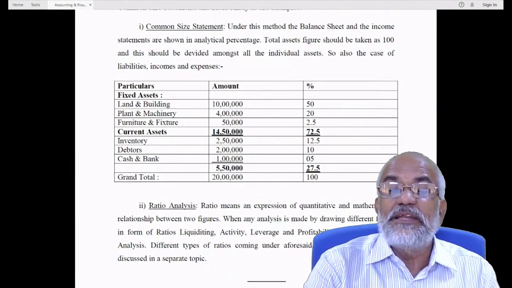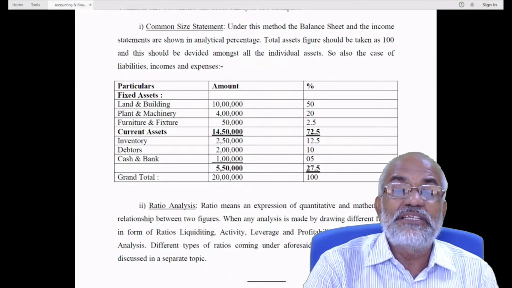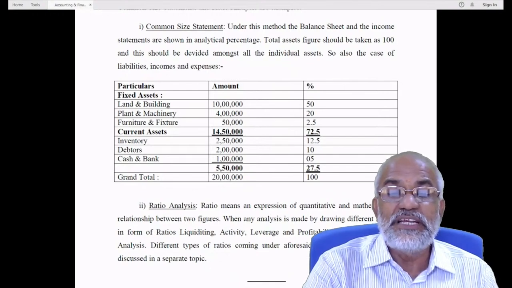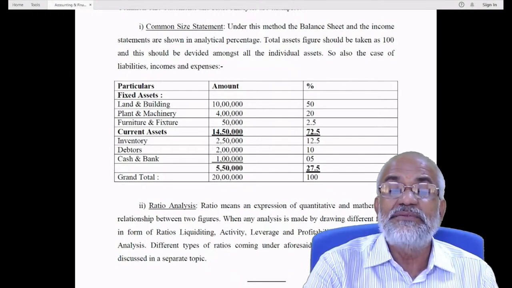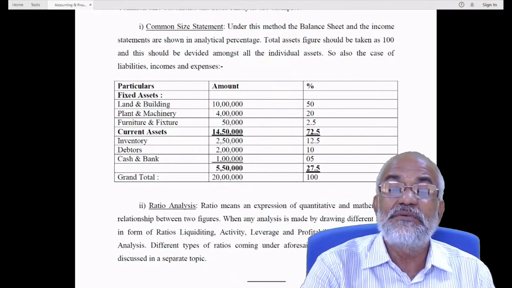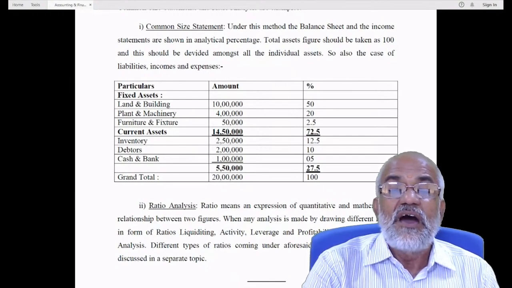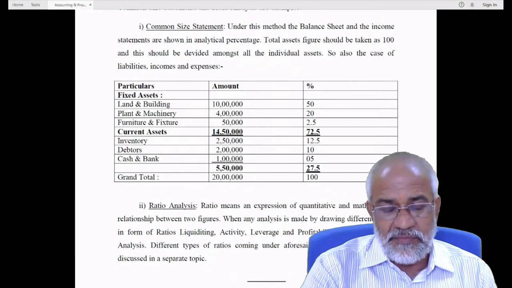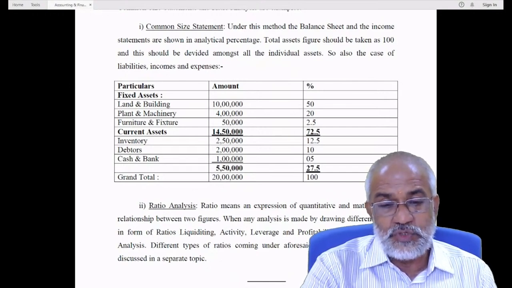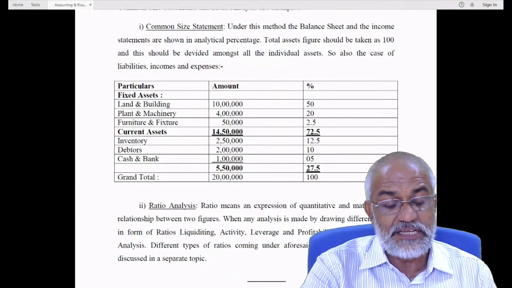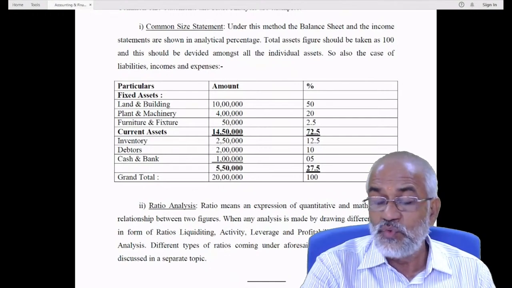When any analysis is made by drawing different figures in form of ratio, it may be liquidity ratio, it may be activity ratio, it may be leverage ratio, it may be profitability ratio. Truly speaking, the classification of ratio analysis is done in two ways.